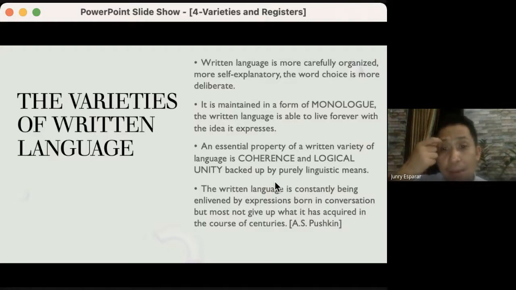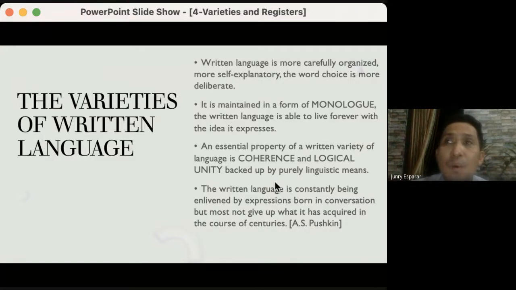That is a big problem in writing, which is why it's very important to always choose the right words, to ensure that all words and sentences in a paragraph complement each other. And lastly, the written language is constantly being enlivened by expressions born in conversation, but must not give up what it has acquired in the course of centuries. Which means that expressions are very important, but make sure that these expressions are universal.